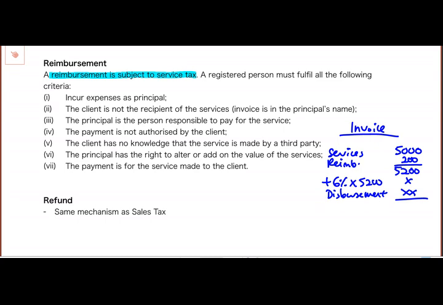So that's all you need to remember. Disbursement, no service tax. Reimbursement does. Okay? Now, the refund mechanism is the same. Okay?